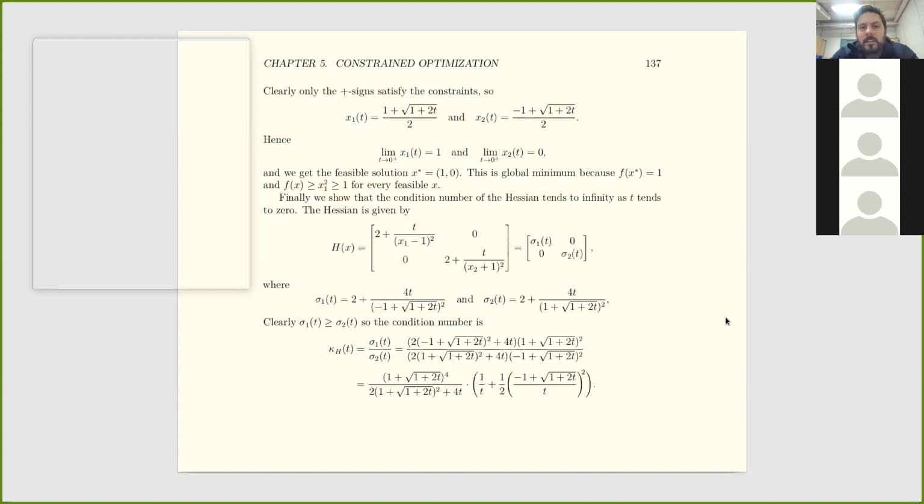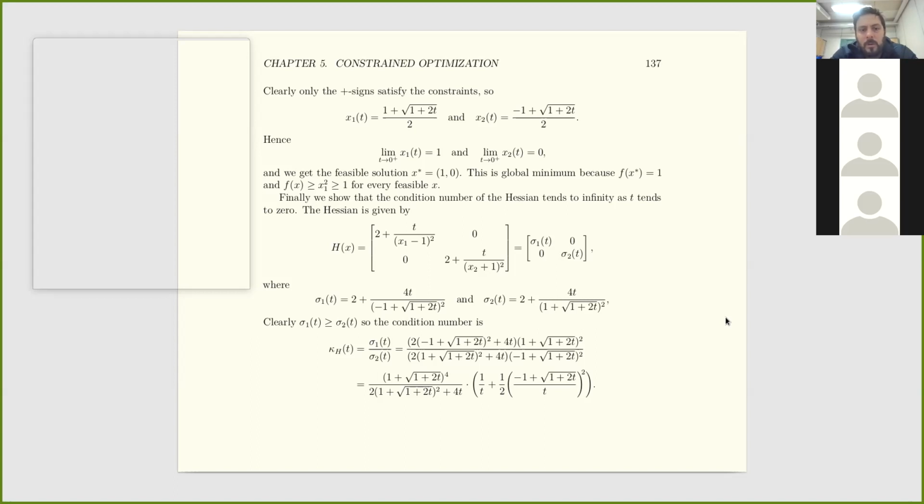It only happens when we take the plus, not when we take the minus, because if we take the minus, then we go into a region where the constraints are not satisfied. And we notice that as t goes to 0, x1 goes to 1 and x2 goes to 0. Obviously, if we solved this and we had this t, we would decrease this t and numerically go closer and closer and closer to 0.